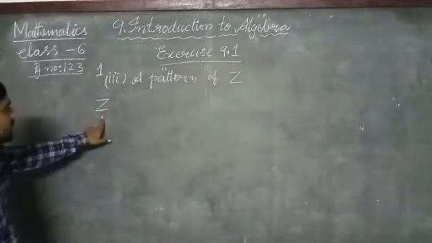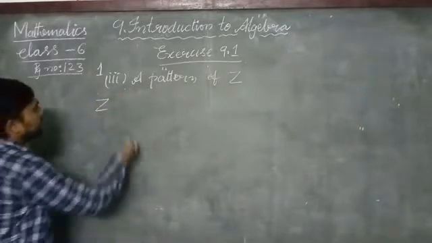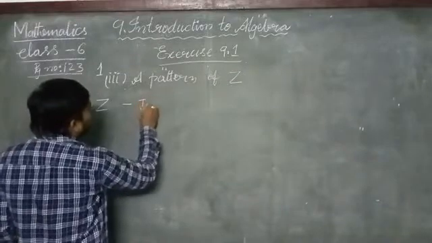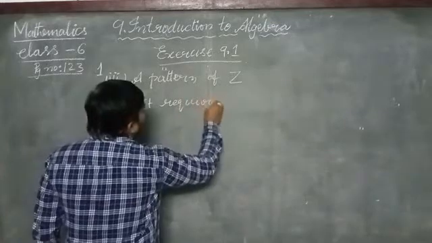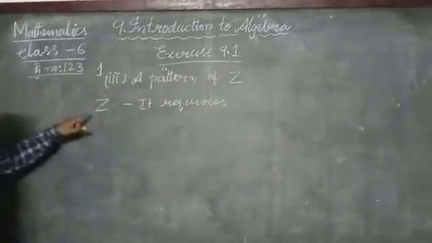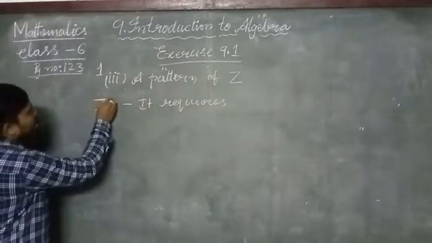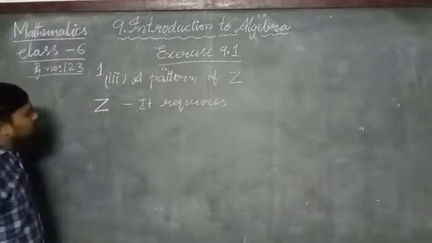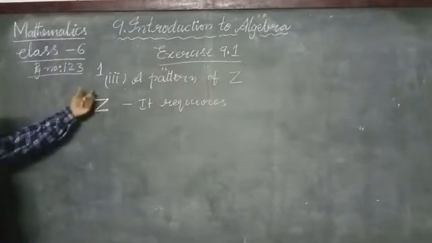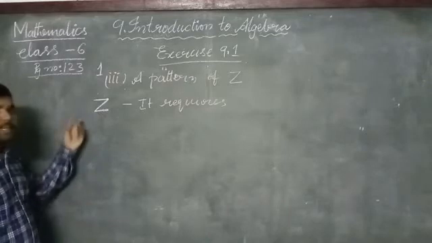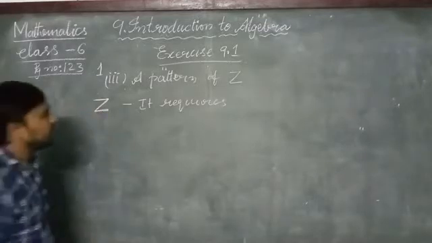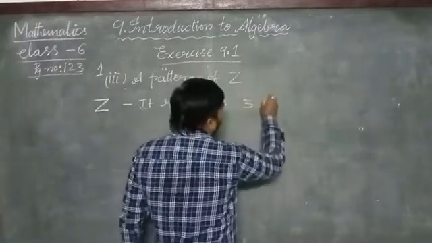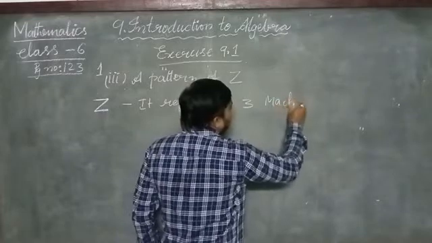To make one Z, how many matchsticks does it require? Okay. Here 1 matchstick, 2 and 3. To make letter Z, to make 1 Z, it requires 3 matchsticks. 3 matchsticks.